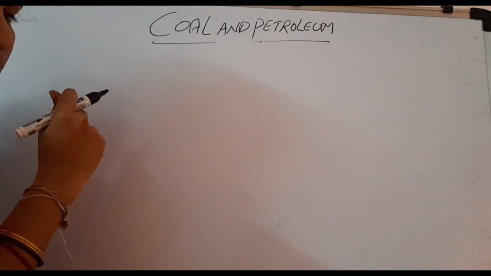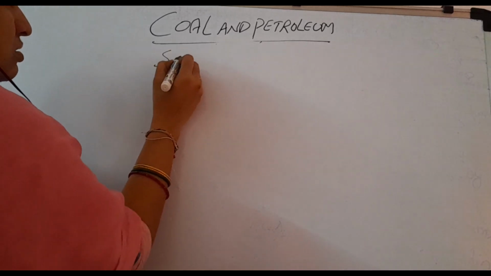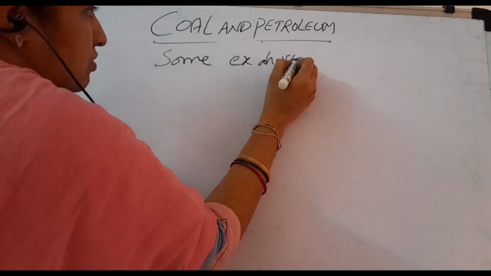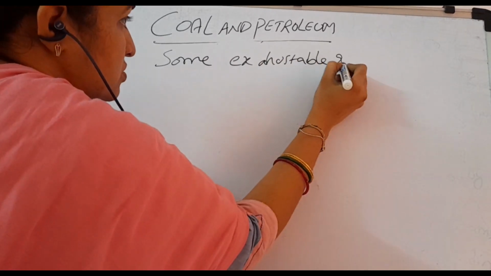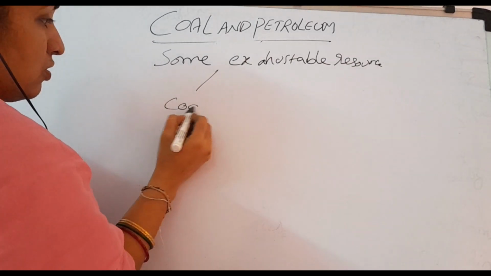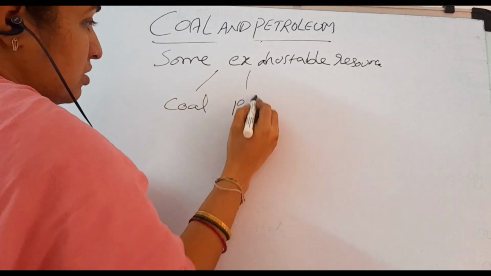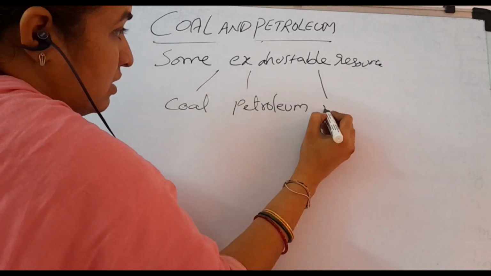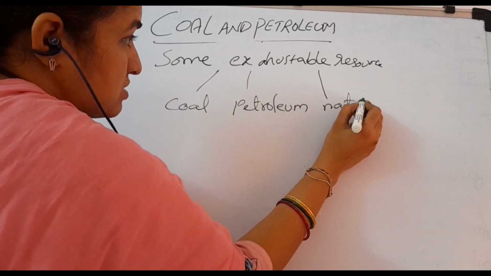We should learn about some exhaustible resources. What are they? Coal, petroleum and natural gas.